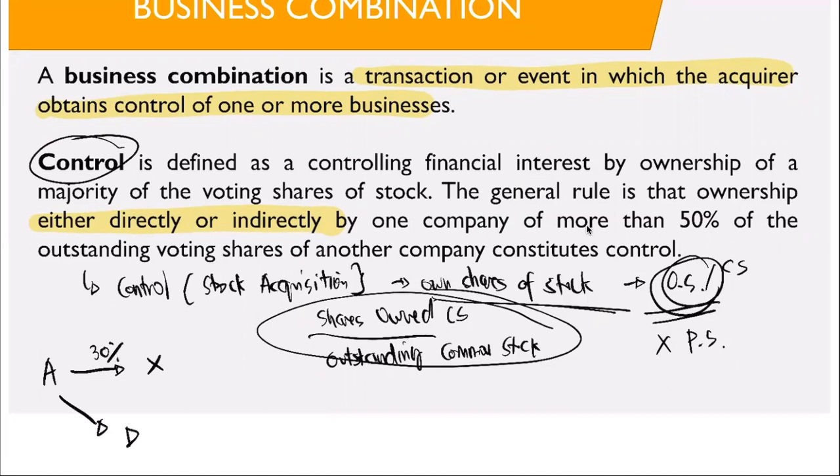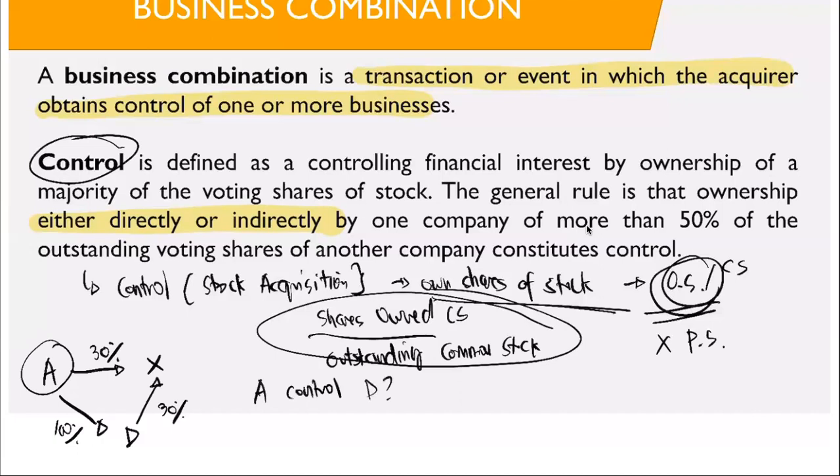A company owns 100% of D company. Also, D company has 30% shares in X company. First question, does A control D?